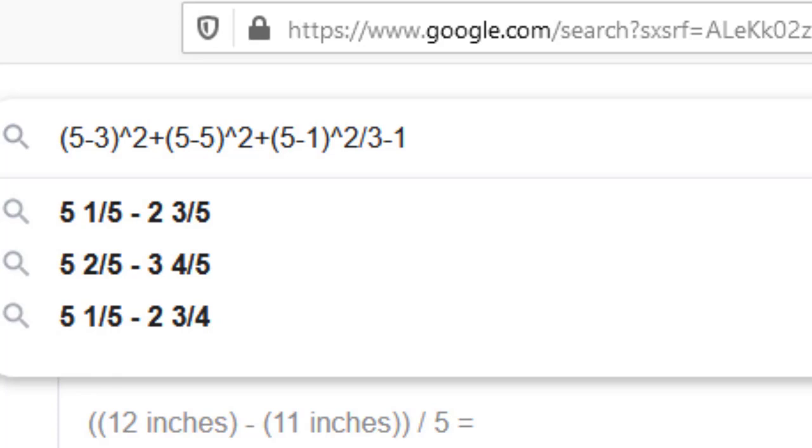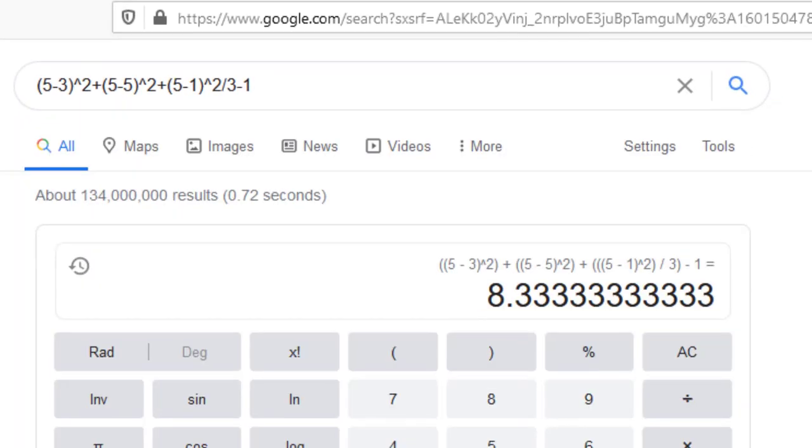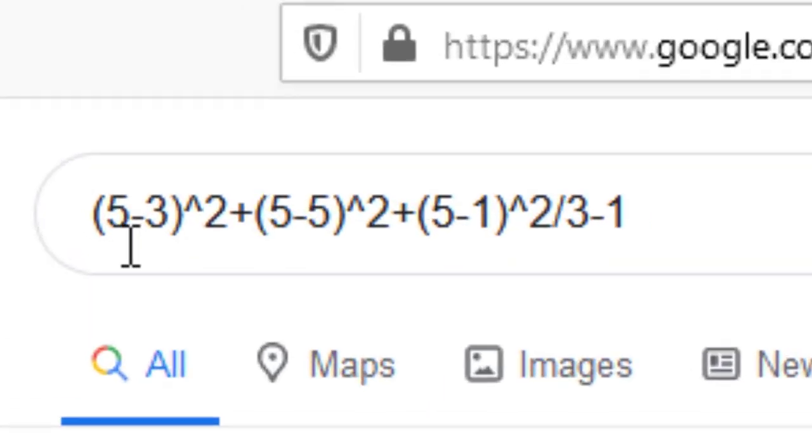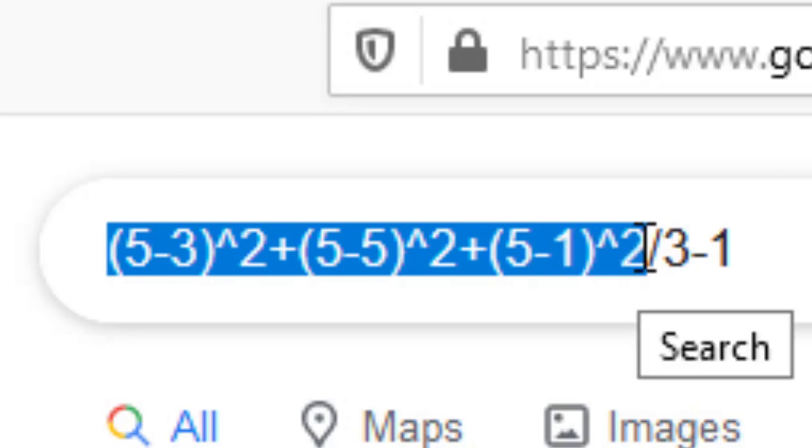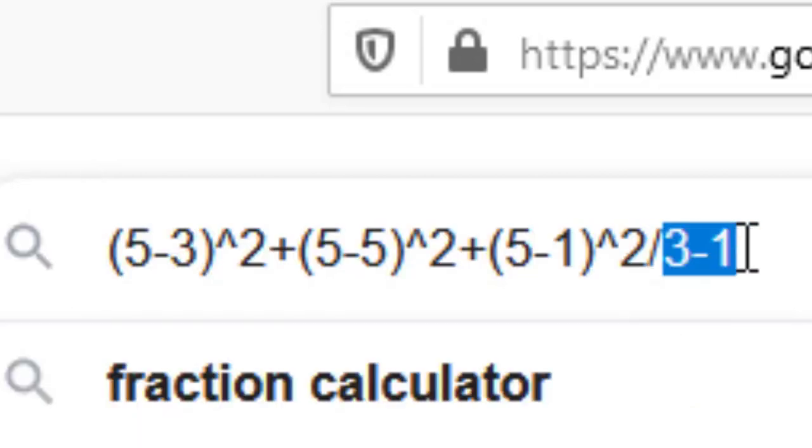If I press enter, I don't get 10. I get 8 1/3. And the reason I got the wrong answer is because I made the same mistake that I made in the first one we did, 12 minus 11 over 5. You have to remind Google that the numerator is this entire expression here, and the denominator is this entire expression here.